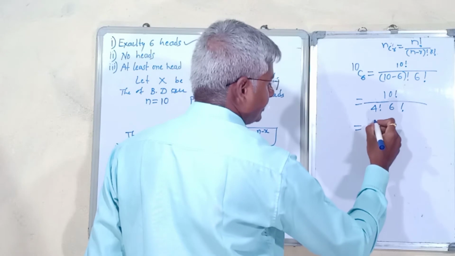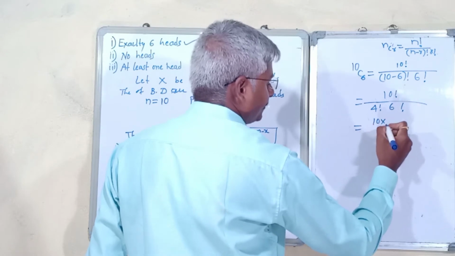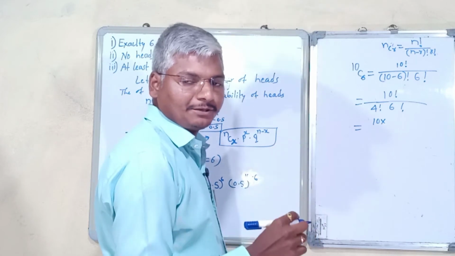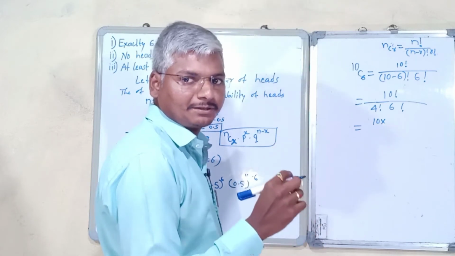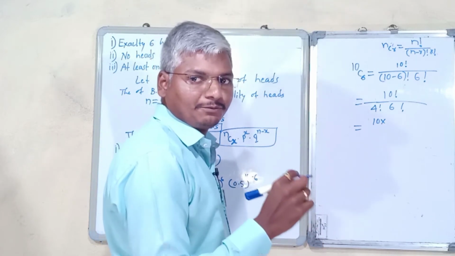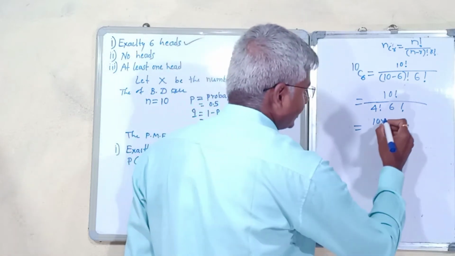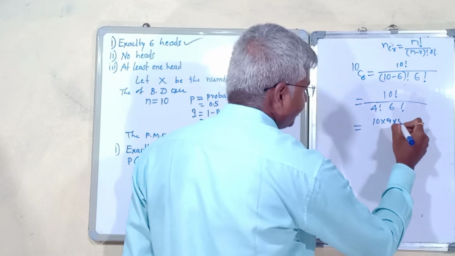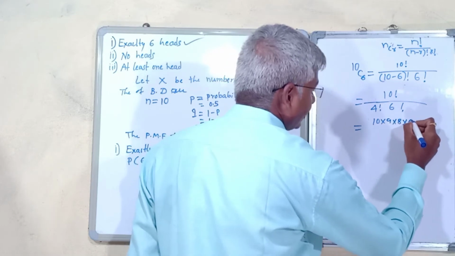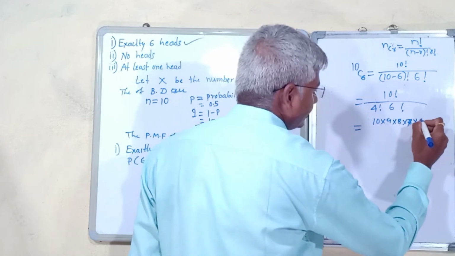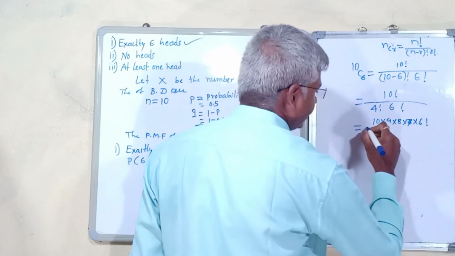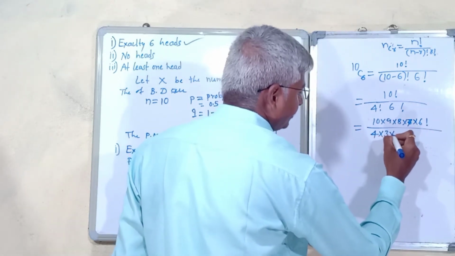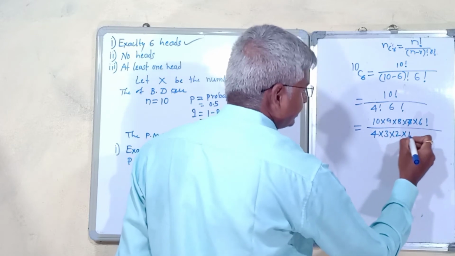So 10 factorial is 10 into 9 into 8 into 7 into 6 into 5 into 4 into 3 into 2 into 1. I'll stop at 6. Here 4 factorial is 4 into 3 into 2 into 1.